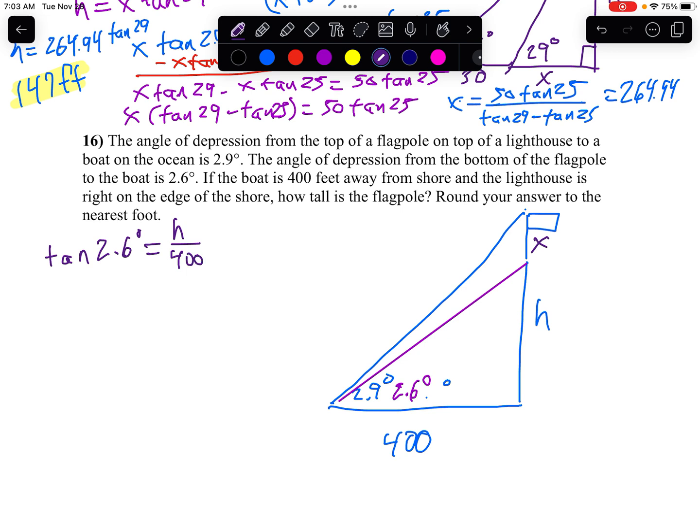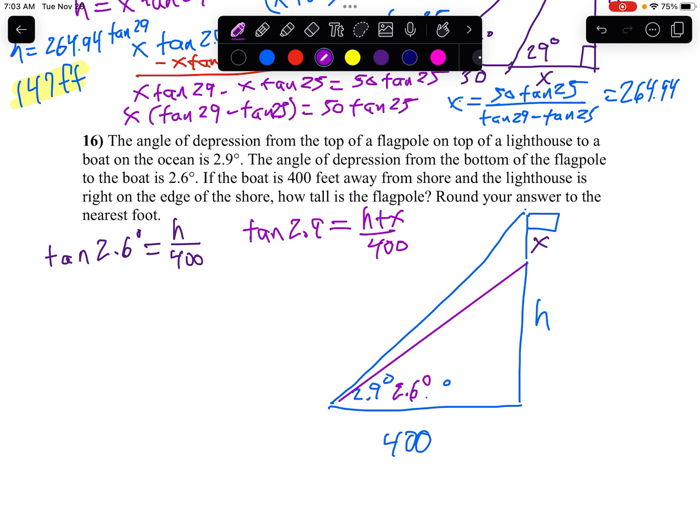And then we can say the tangent of 2.9 degrees equals h plus x over 400.